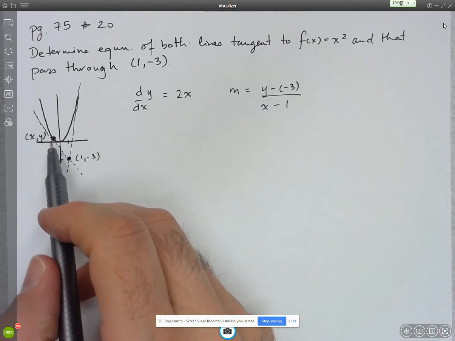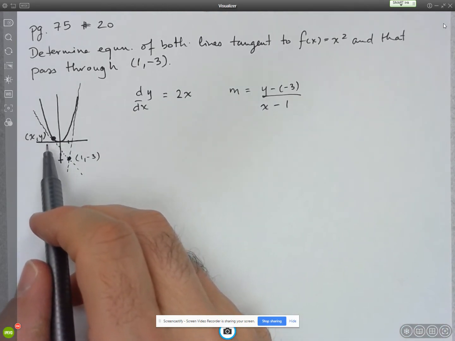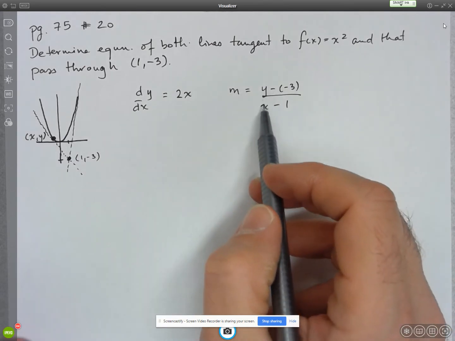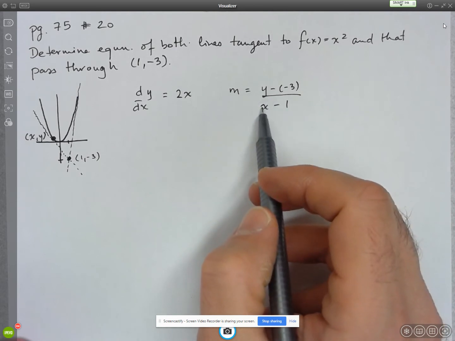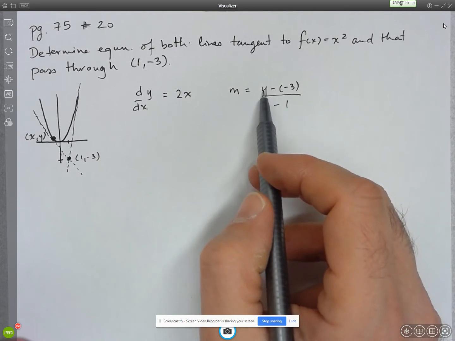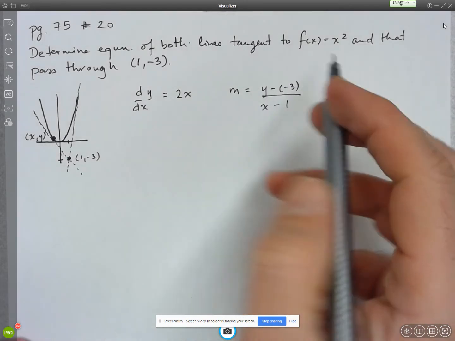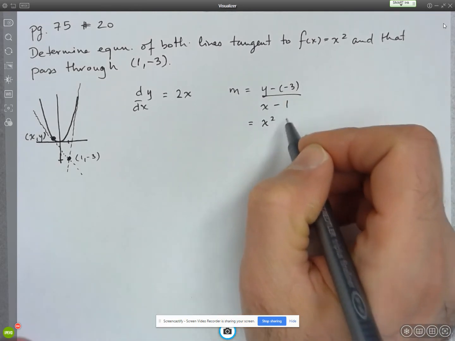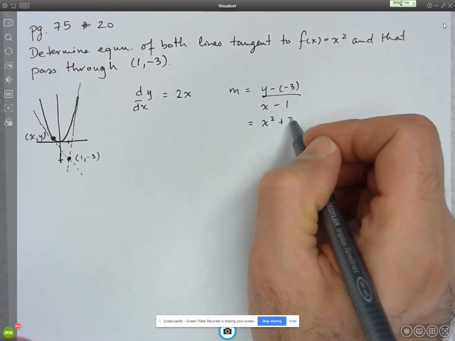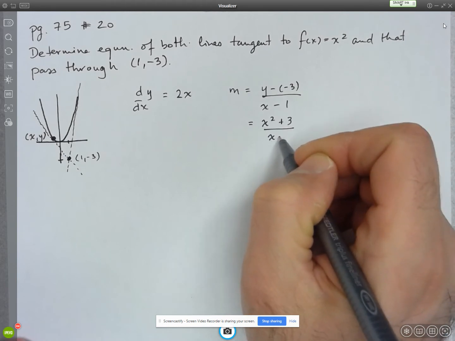And this is sort of the real important step here: since this point is on the curve, I know that y is given by x squared. Whatever this x value is, the y value is given by x squared because this represents a point on this curve. And so that means I can rewrite this slope formula as x squared minus -3, so plus 3, over x minus 1.